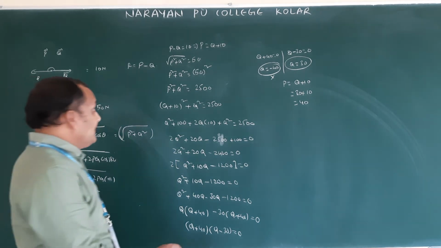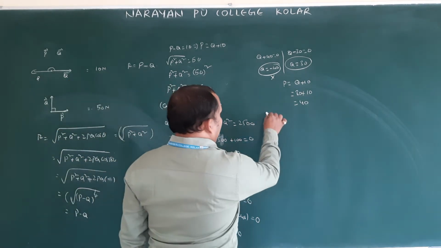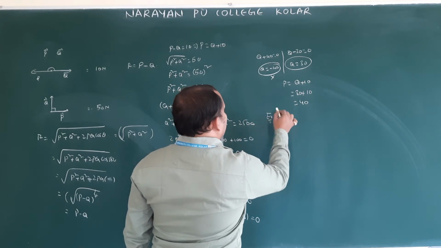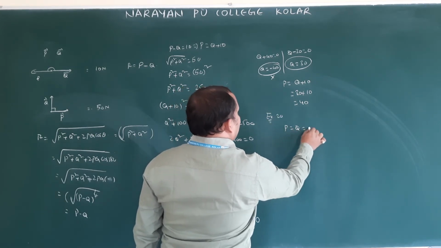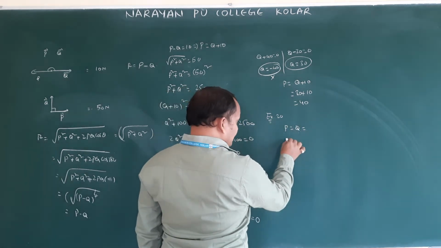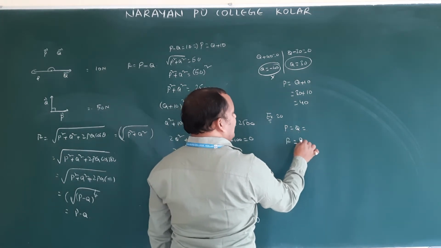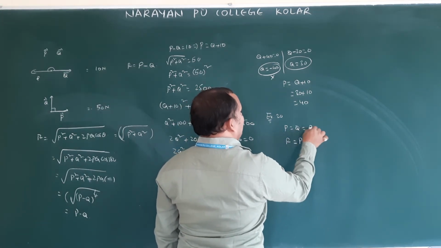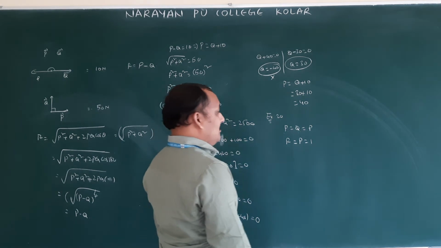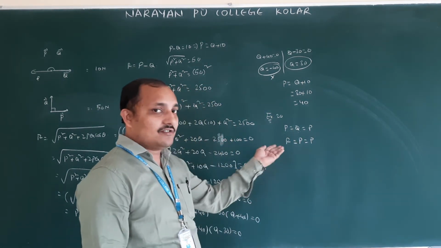So in example 20 they gave P and Q, that is nothing but both are the same, and the resultant is equal to one of the vectors. P and Q same means P is equal to Q; we can assume P. And R is equal to P, R is also equal to P.